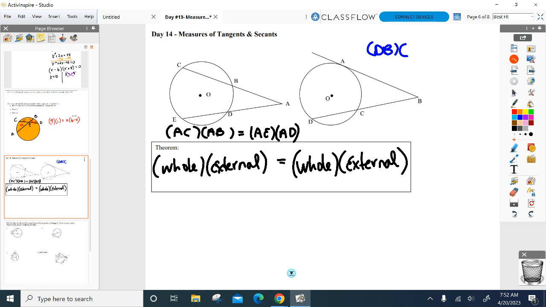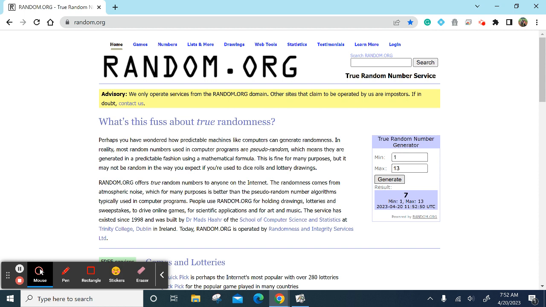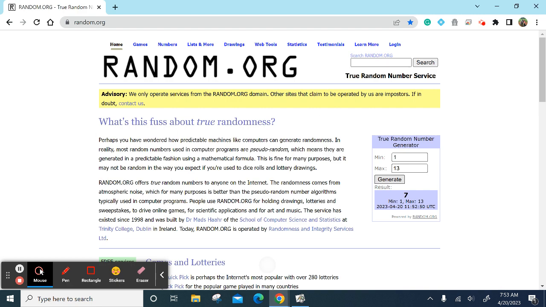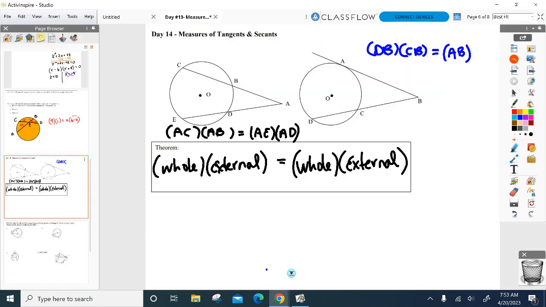CB, good. Now name the whole tangent for me. AB. And now name its external part. AB again. There you go. So when we do whole times external for a tangent, it's the same value, because a tangent is always on the outside.